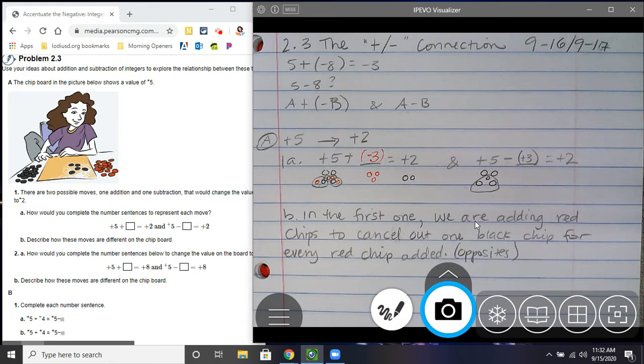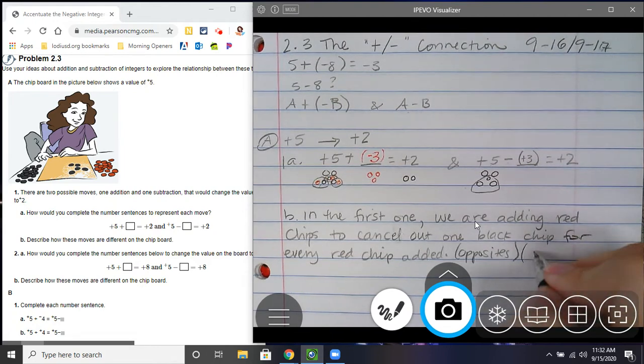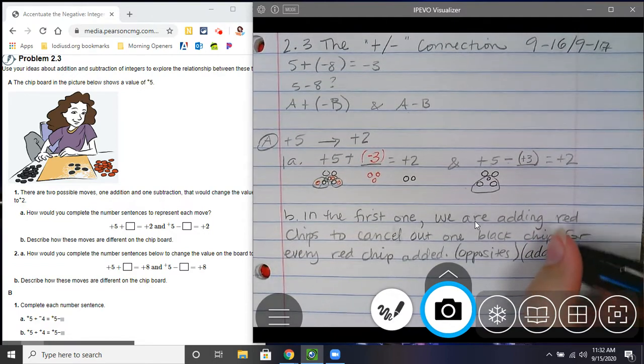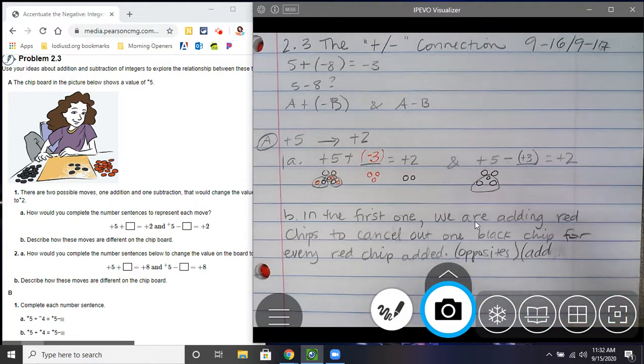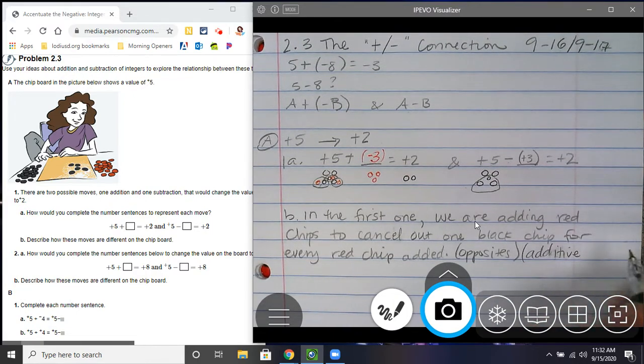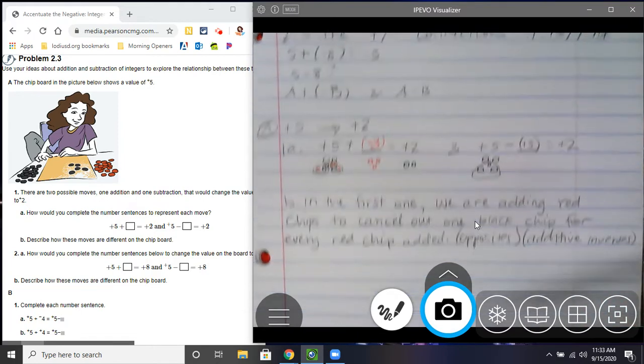Additive inverses. Opposites and additive inverses. Okay.